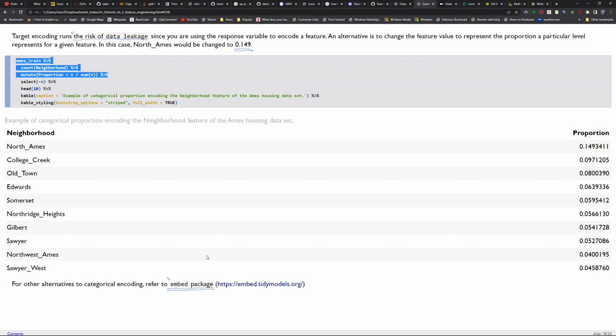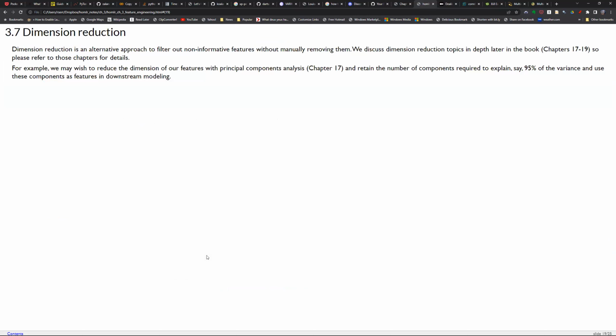We're good. Okay, let's keep going. In this subtopic, the author just mentions this; it doesn't give you any examples or anything. But this is more a dimension reduction technique for your features, different from feature selection, which uses what are called filter methods.